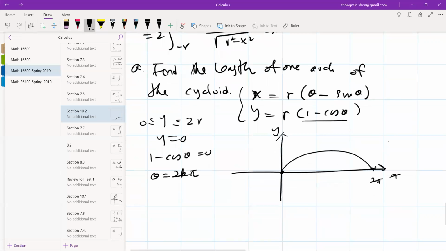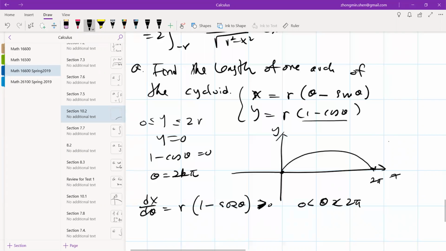You can check that dx/d theta equals r(1 minus cosine theta), and this is positive in most cases. So this is positive for theta between 0 and 2 pi.